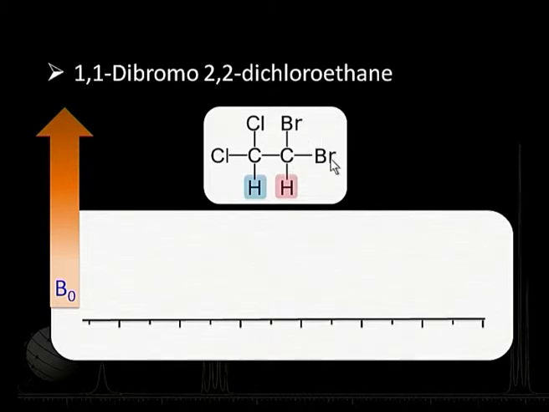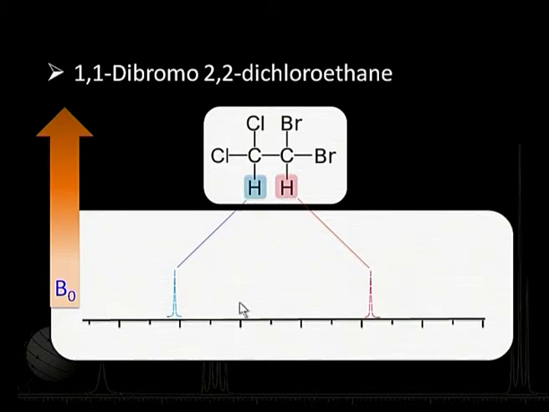Bromine and chlorine have different electronegativities, and from our earlier understanding, this proton is going to come downfield. The signal is expected somewhere here, where the dotted line is shown. I am not putting any numbers over there, and this proton is expected to show the signal at relatively high field.